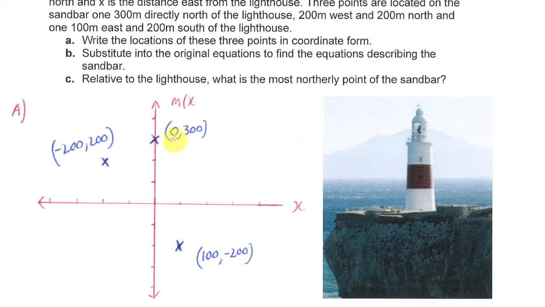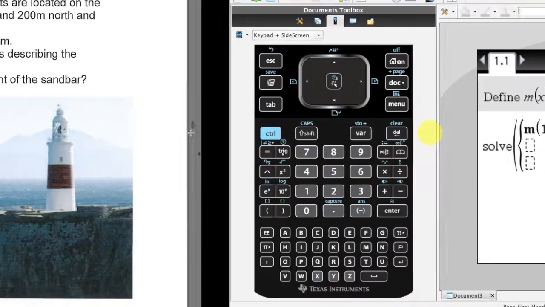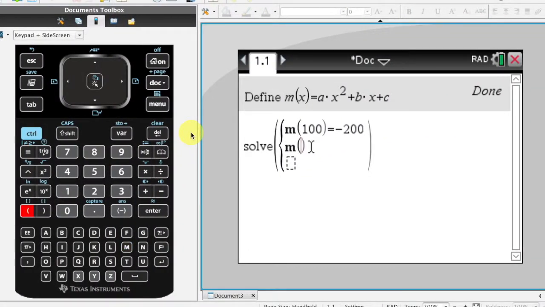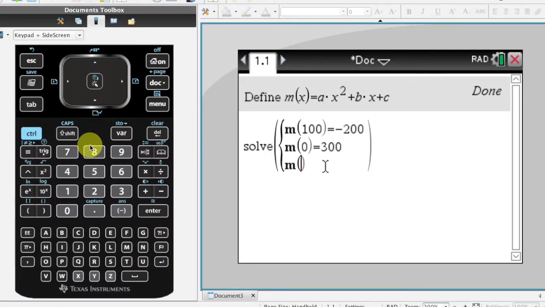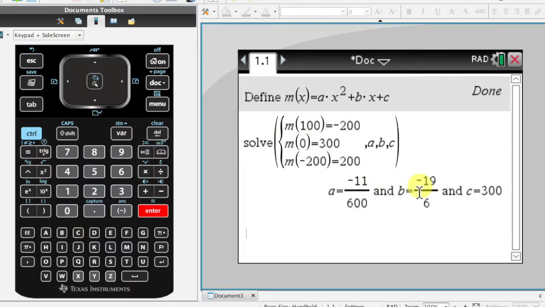Second equation, I'm going to put m of 0 equals 300, and I'm going to put m of negative 200 equals 200. Now, I'm not solving for x, I'm solving for a, b, and c. And there's my values. So a is negative 11 on 600, and then b and c.